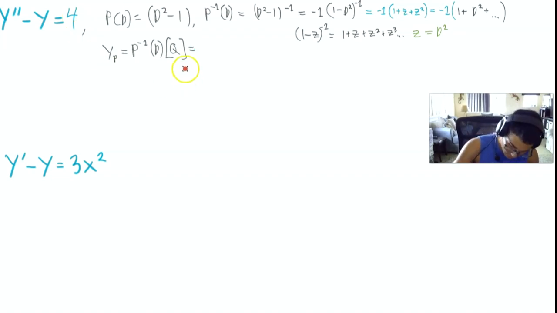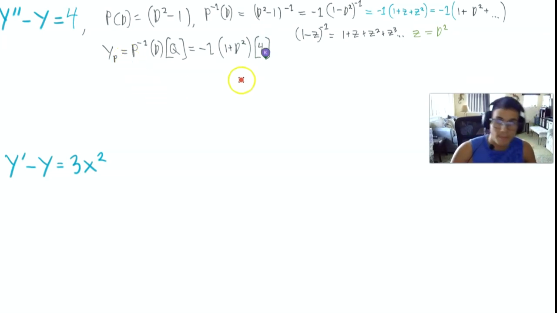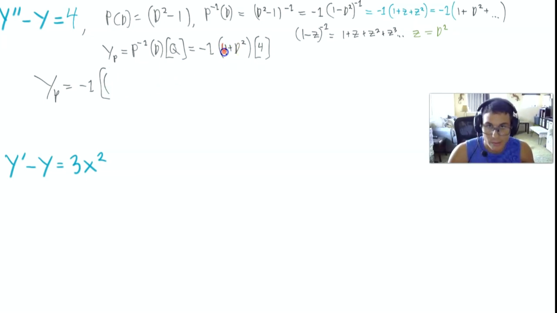Now in this case it's going to be negative 1 times 1 plus d squared, and all of this is going to be applied to 4. Okay. Well, what does that mean? Well, it means yp is equal to negative 1 times, where it's 1. So remember, there's no derivative here, so it's just going to be 4.